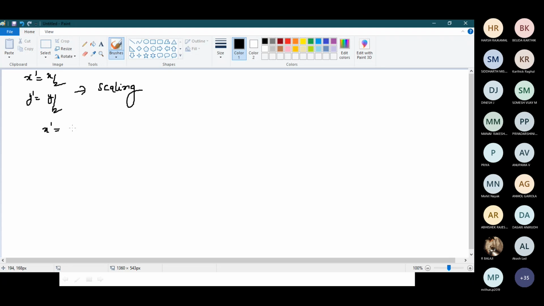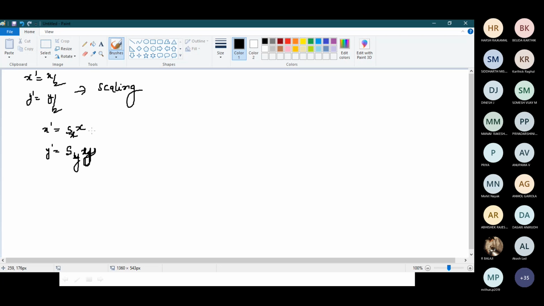It can be x prime equals s1 x and y prime equals s2 y, or you can take it as x prime is sx times x and y prime is sy times y.